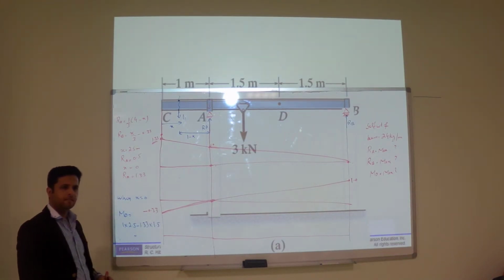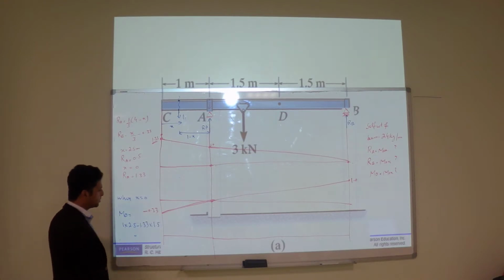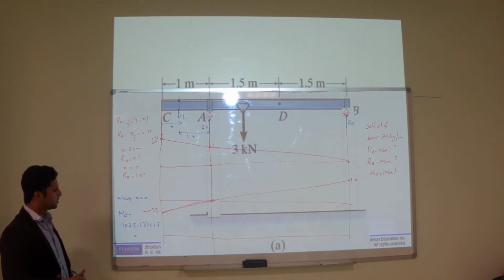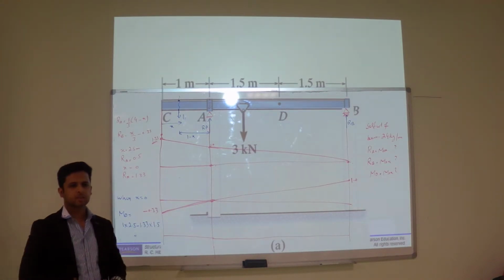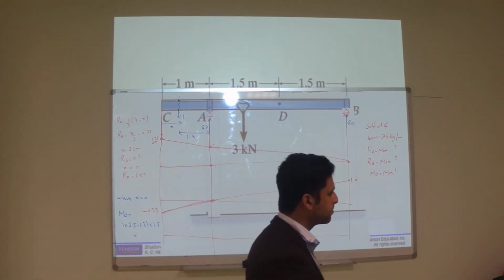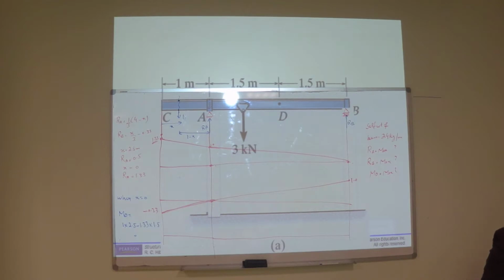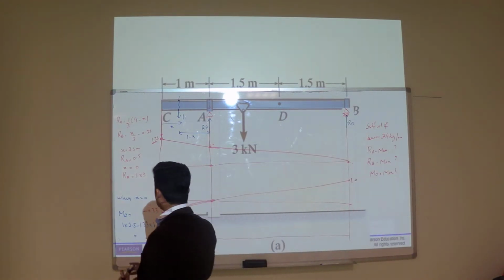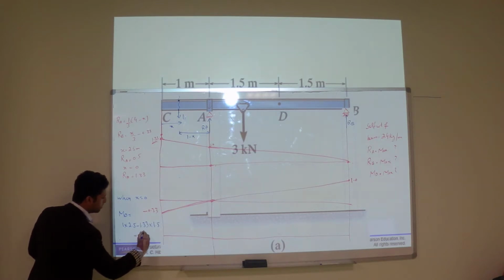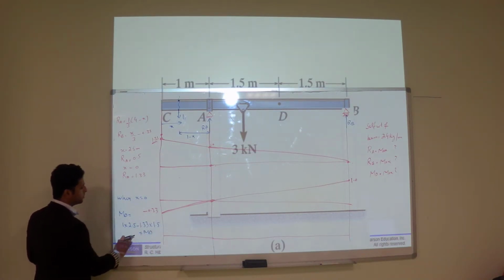Almost 0.5. Minus or plus? Will be minus. It should be plus or minus. Please check the book. Minus.